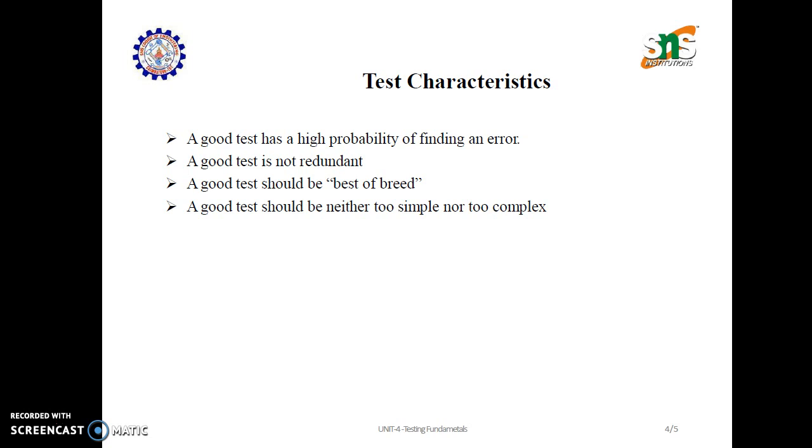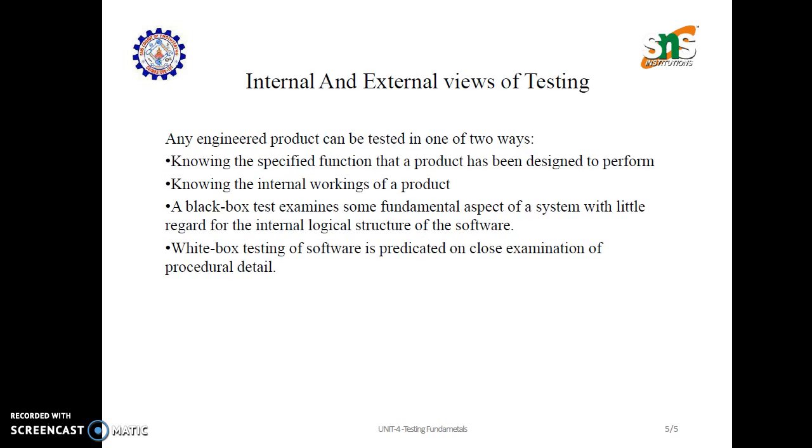Third, best of breed. Fourth, when either a simple or complex structure handles the test, it will be a good one. So the four major characteristics: a high probability of finding an error, no redundant data, best of breed, and time to be simple or complex.